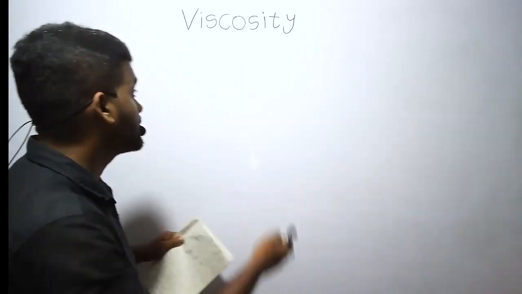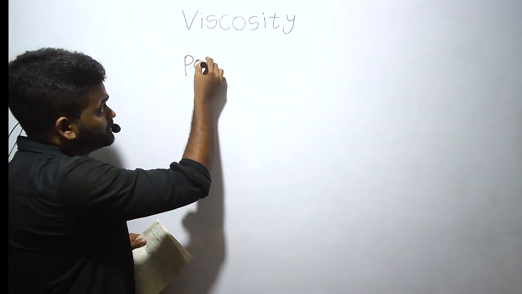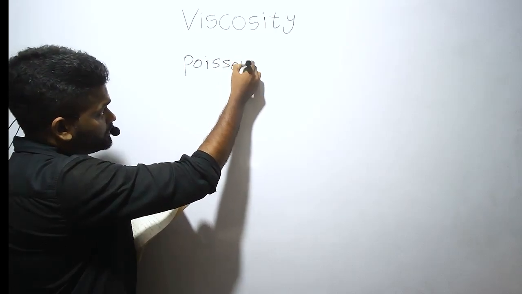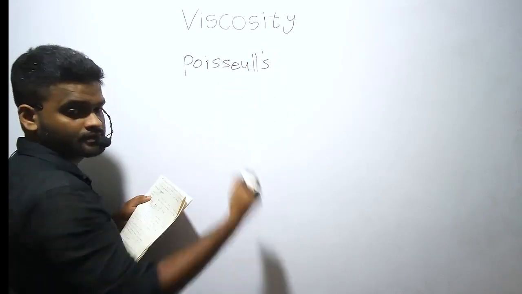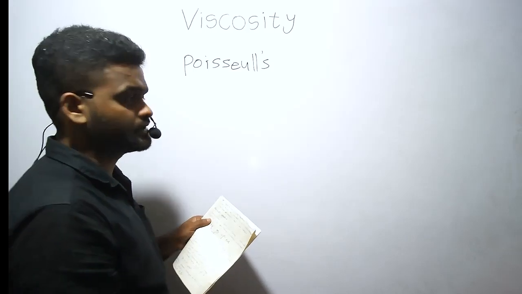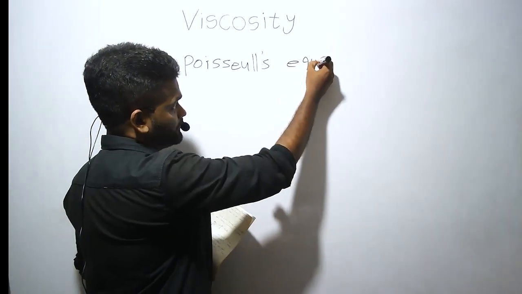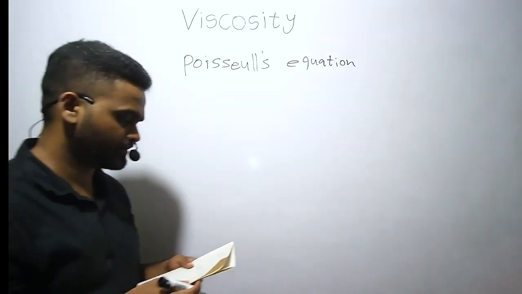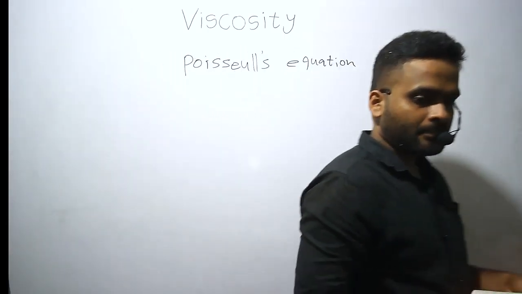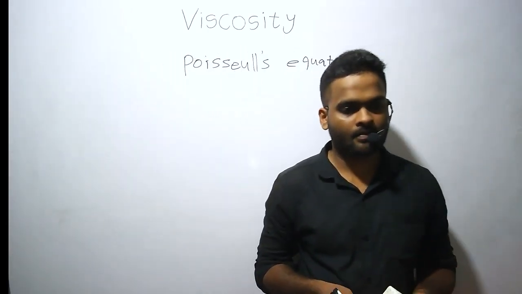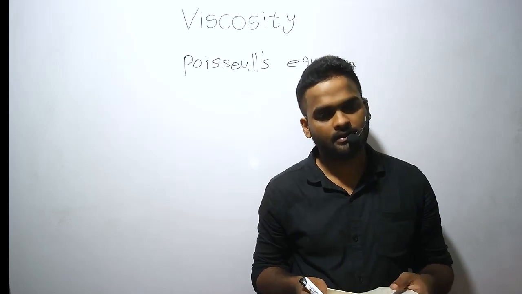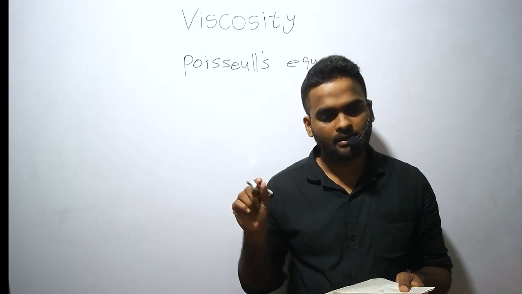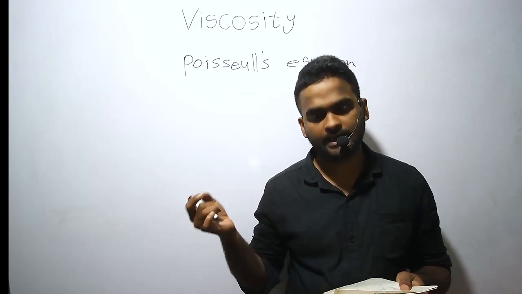Write down Poiseuille's, this is another scientist's equation. Take this down. Poiseuille's equation. First take this down, then I'll explain, right?